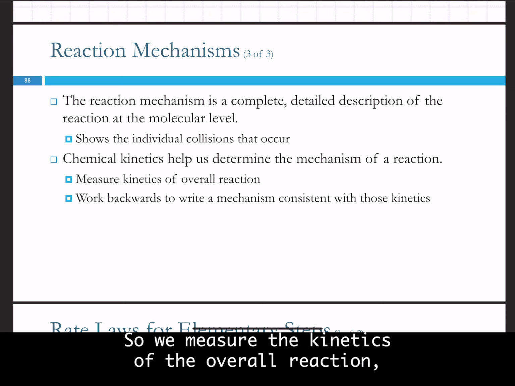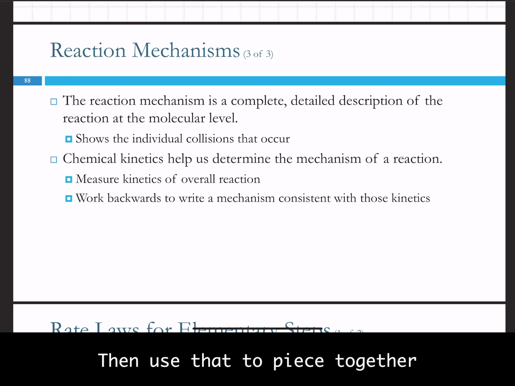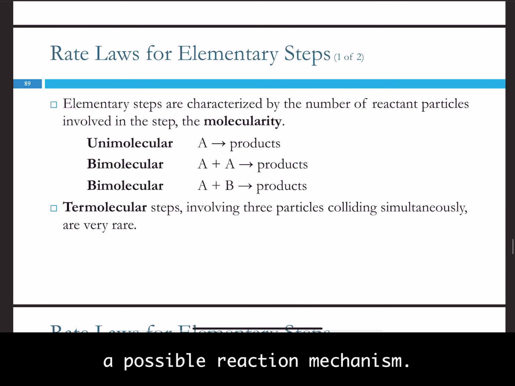So we measure the kinetics of the overall reaction, figure out the order of the reaction with regards to each of the reactants, then use that to piece together a possible reaction mechanism.